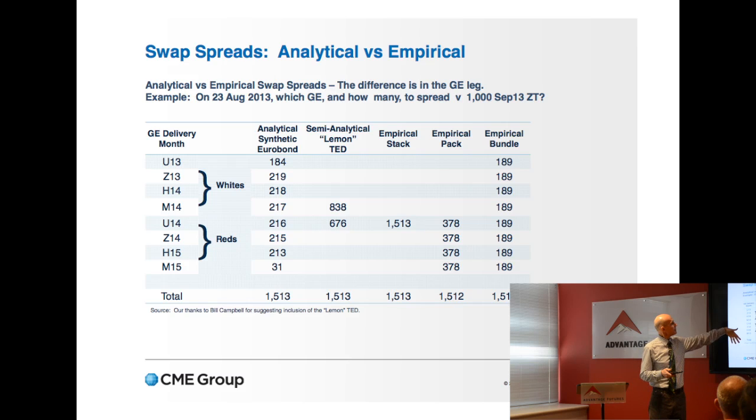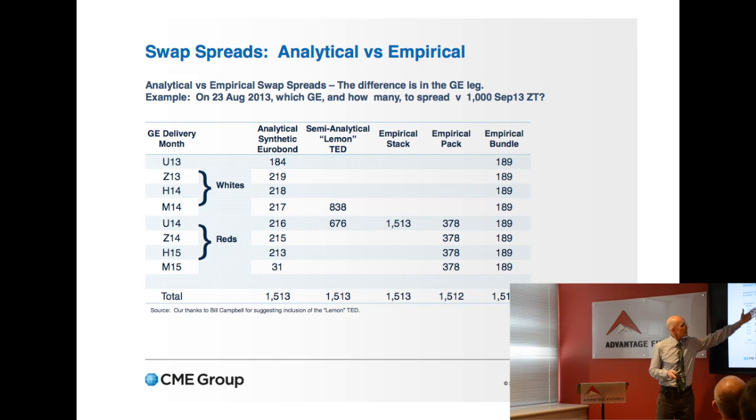This is a two-year future against eight Eurodollar futures. If I wanted to make a synthetic Eurobond to bump up against that SEP 2013 two-year future, here's what it would look like.